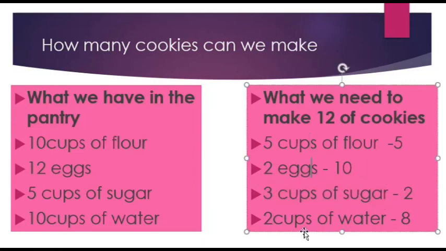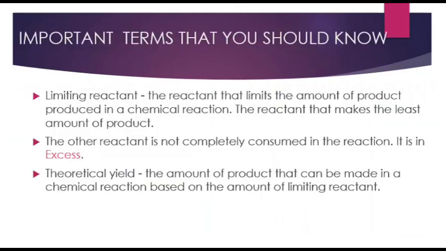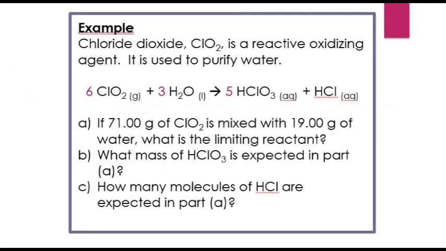Flour, eggs, and water. So, theoretical yield: the amount of product that can be made in a chemical reaction based on the amount of limiting reactant. So, let's try some problems.